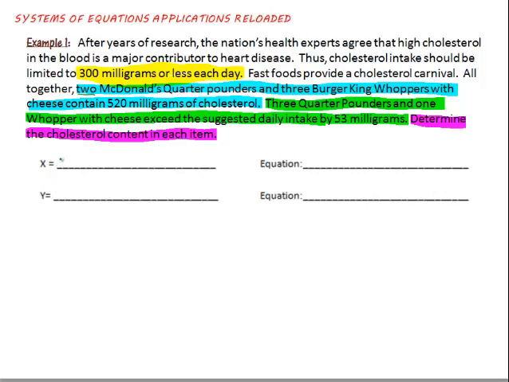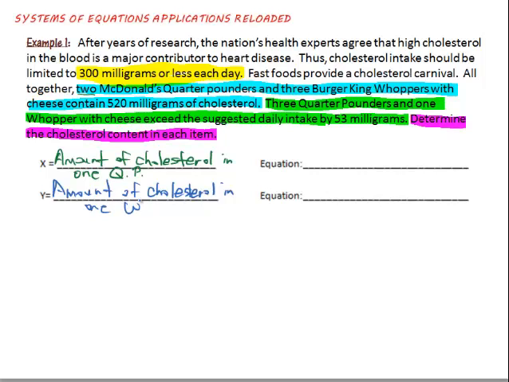So we're going to let X be the amount of cholesterol in 1 Quarter Pounder, I'm going to abbreviate QP. We're going to let our Y be the amount, not a Quarter Pounder, but the amount of cholesterol in 1 Whopper.